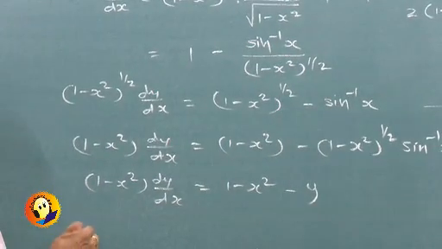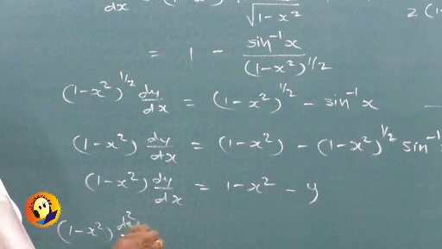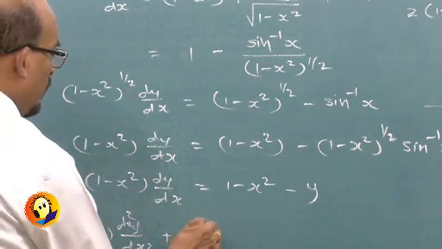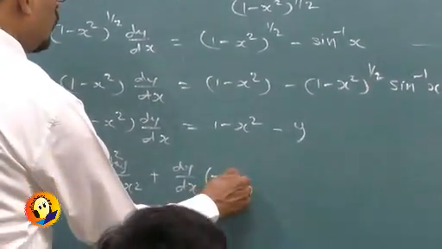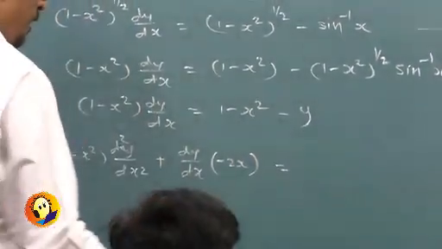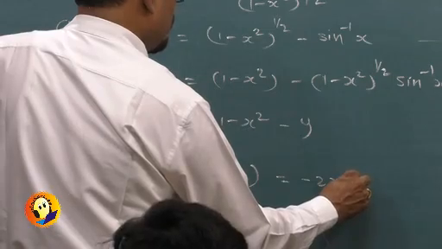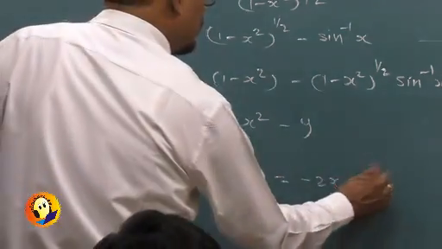So it is 1 minus x square d2y by dx square plus dy by dx into minus 2x equal to minus 2x minus dy by dx.